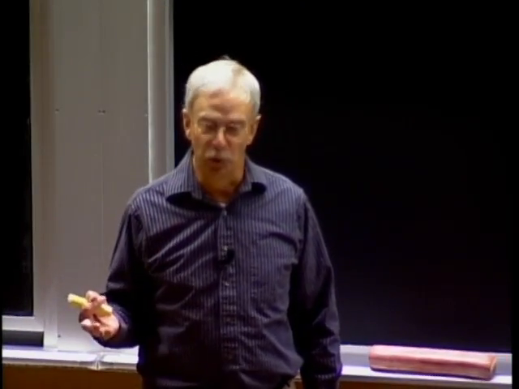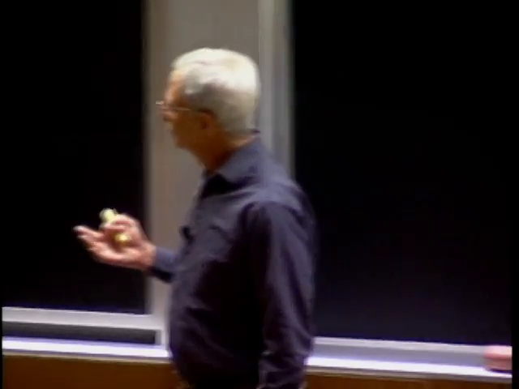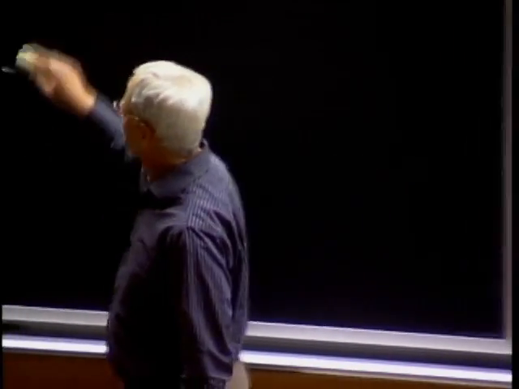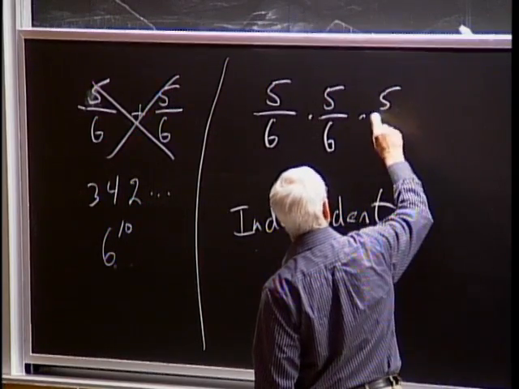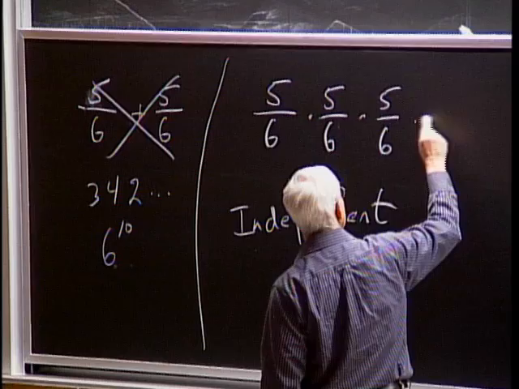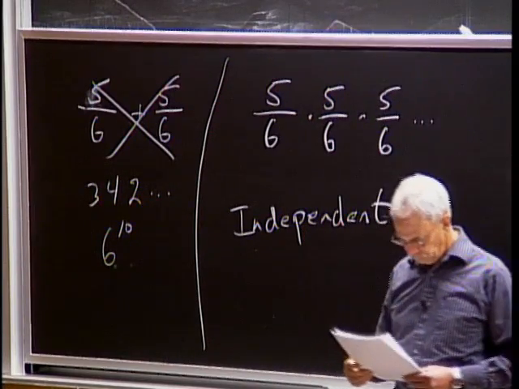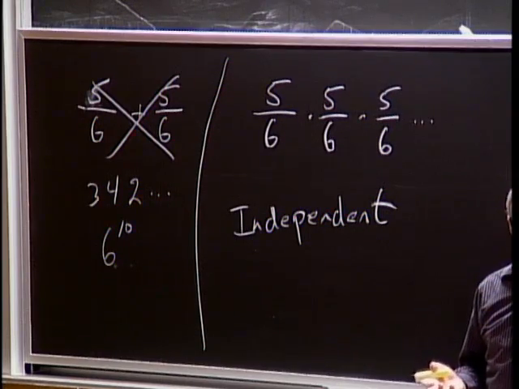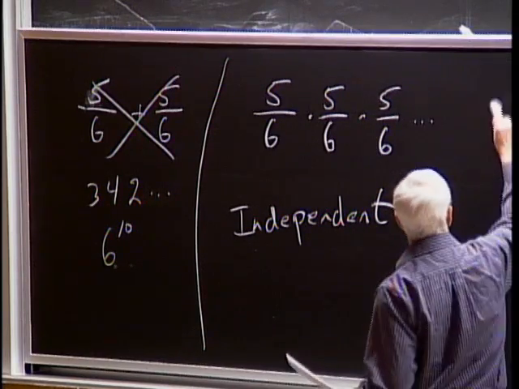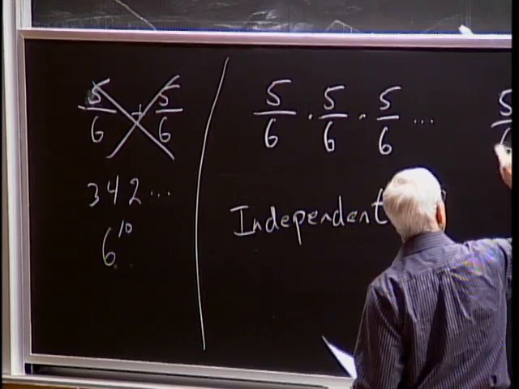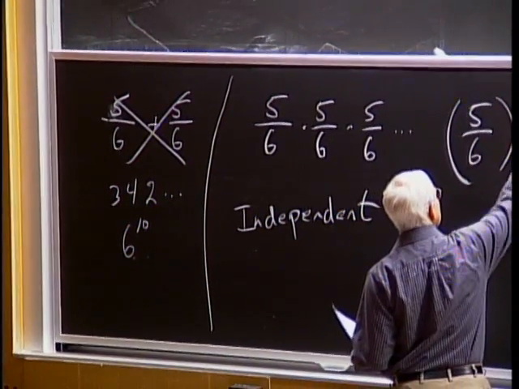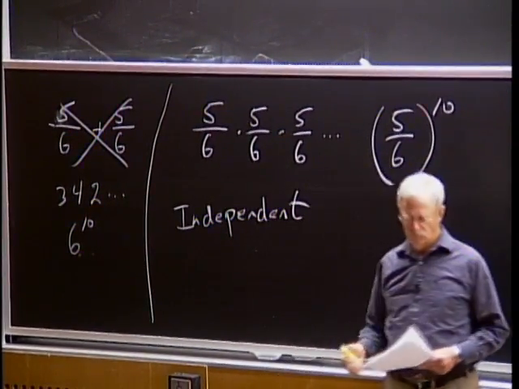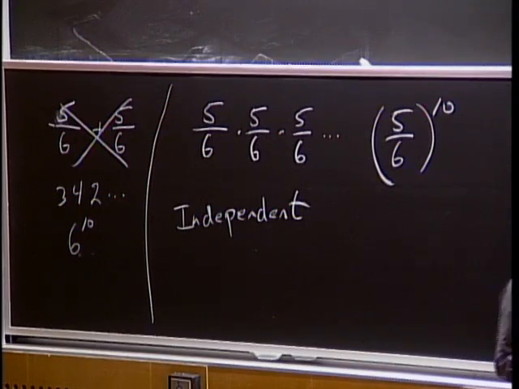It should be true, assuming my die is fair. Similarly, I can do this for the third roll, etc. So the probability of not getting a 1 in 10 rolls is going to be 5 over 6 to the 10th.